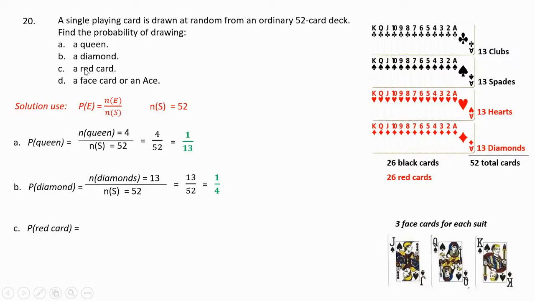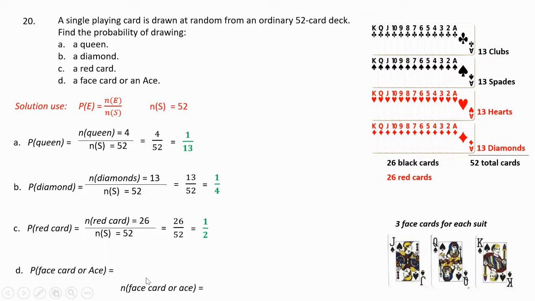Okay. Now for part C, a red card. How many red cards are there? There's 26. So 26 over the sample space, which is 52, the answer will be 1/2. Okay. Now for part D, a face card or an ace. How many face cards are there? Right, there's 12 because there's 3 for each suit, and 3 times 4 is 12. And how many aces are there?